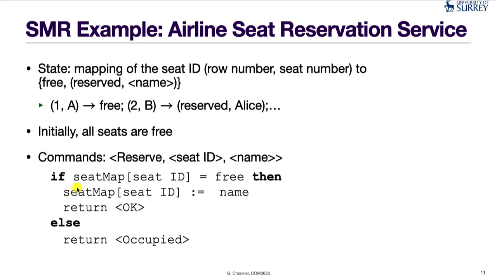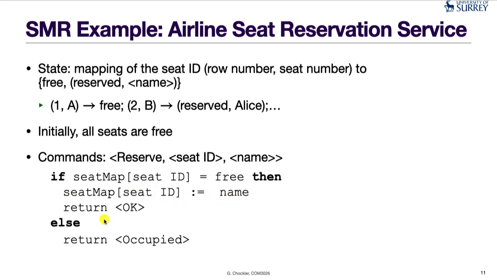Okay, so if the seat ID associated with the command is free according to the current state, according to the seat map, then we reserve this seat, so we assign the name of the person reserving to the value of the seat ID.